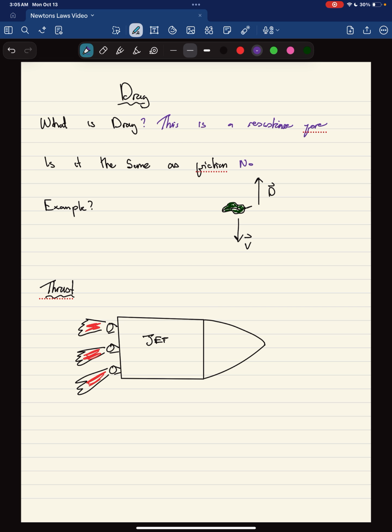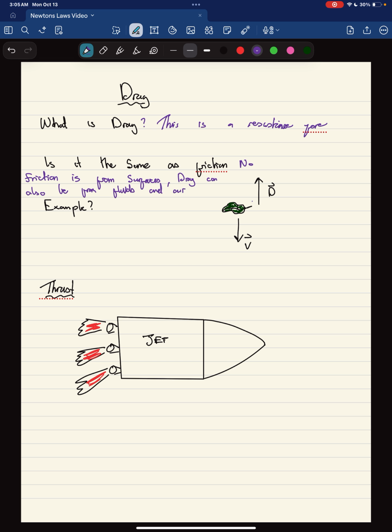So friction is from surfaces. Drag can also be from fluids and air.